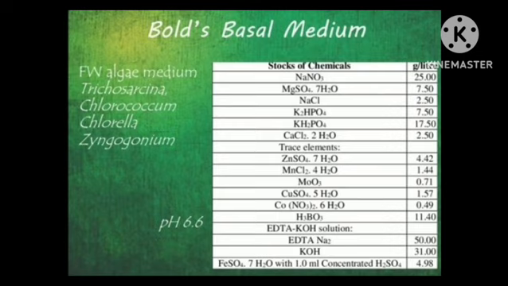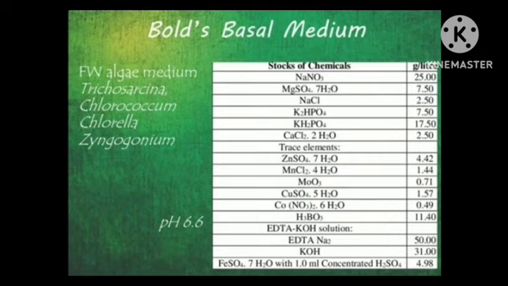It will be prepared in 1000 ml distilled water. To use it, make separate concentrated stock solutions for macronutrients, trace elements, EDTA and Fe. Dilute them to 1x for the final working medium. Adjust the pH to 6.6 and sterilize before inoculating the algae.